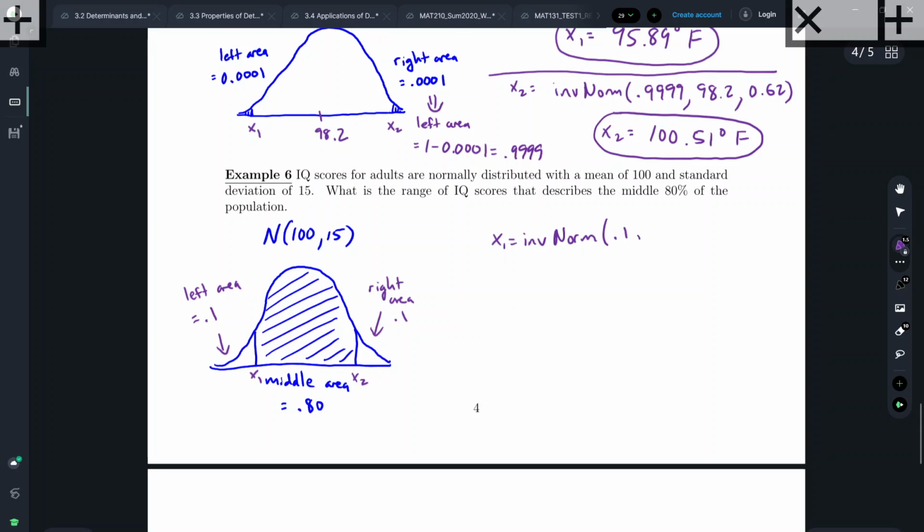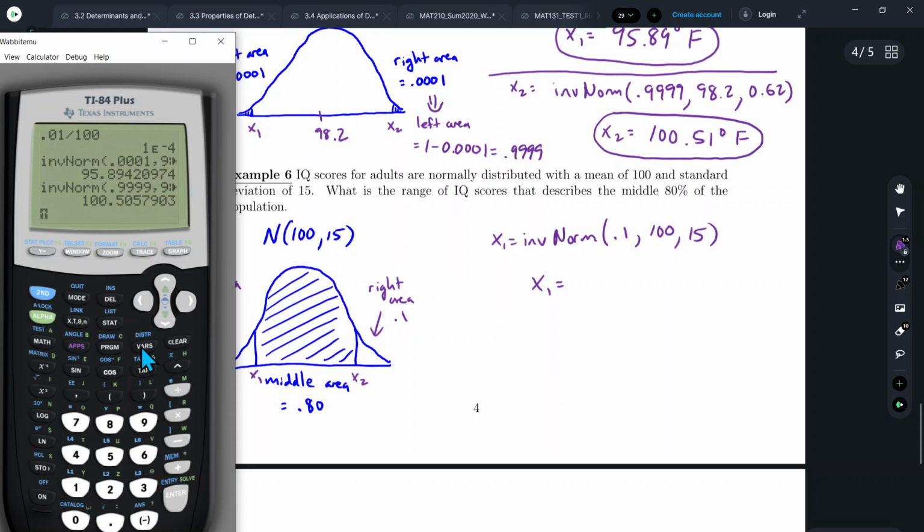The left area is 0.1, the mean is 100, the standard deviation is 15. Putting it into the calculator, you get 80.7767.